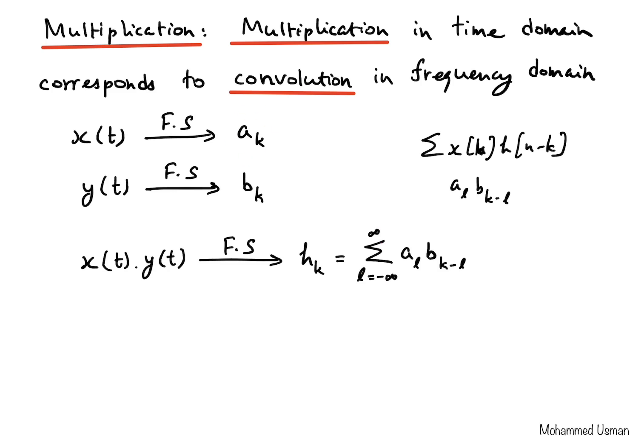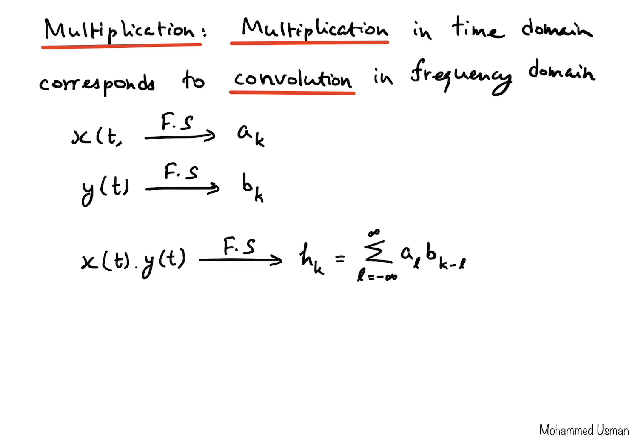So if x of t has Fourier series coefficients ak, and y of t has Fourier series coefficients given by bk, then the Fourier series coefficients of the product of these two signals is equal to the convolution of the Fourier series coefficients of the individual signals. And again, this is an important property of the Fourier series that you should bear in mind, and it will come handy in a lot of courses in the future and in a lot of analysis that we do here.